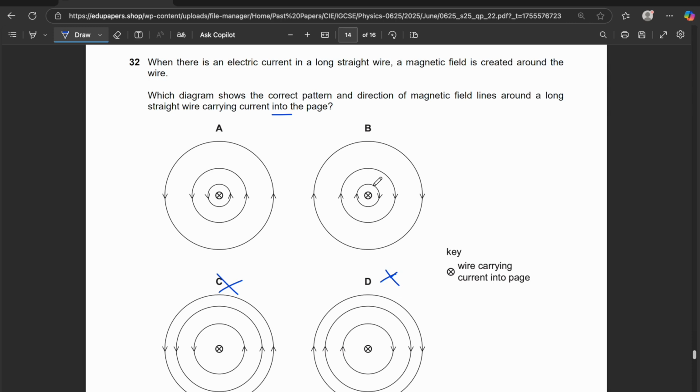And we use the right hand grip rule. The thumb will be into the page, and then you can see your fingers curling in an anti-clockwise direction. So it will be B.